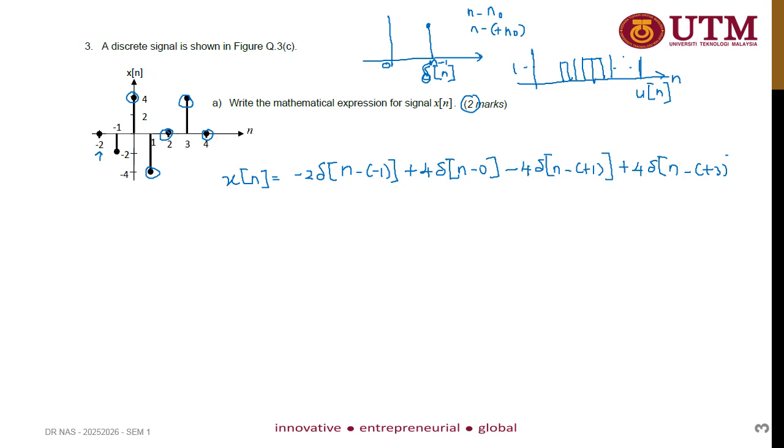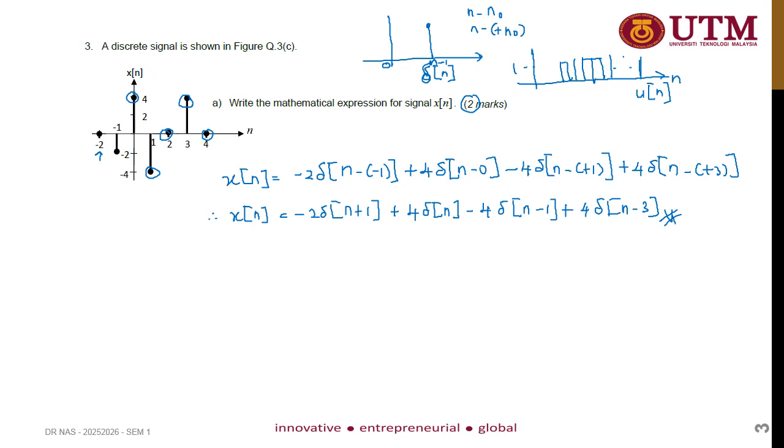So your x[n] is equal to minus 2 delta n plus 1, plus 4 delta n, minus 4 delta n minus 1, plus 4 delta n minus 3. This is your equation for signal x[n]. You can get 2 marks out of this equation.